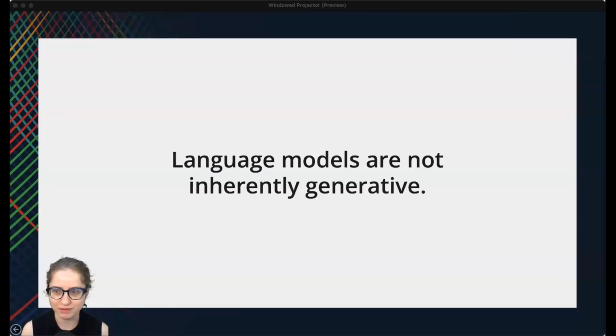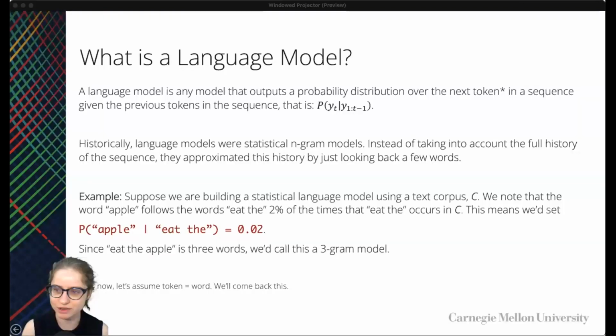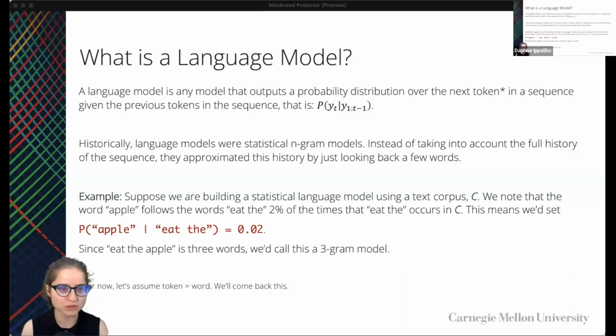I had a question. Yeah, of course. Sorry to cut you off, but other than the computational efficiency, if the value of n is too large, is there any other downside of using an n-gram model? Yeah, there are two big issues. One is you can't set your n to be too large because then you just get a model size that balloons out. The other issue is that it's really challenging with statistical n-gram models to represent text that you've never seen before.